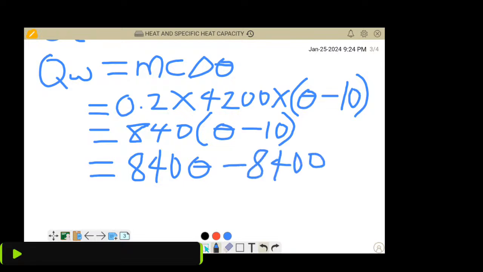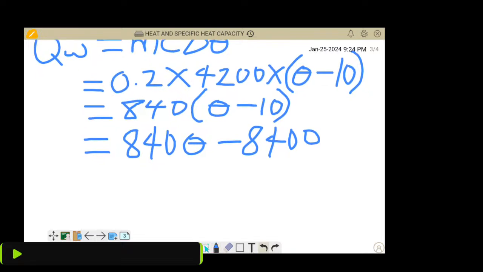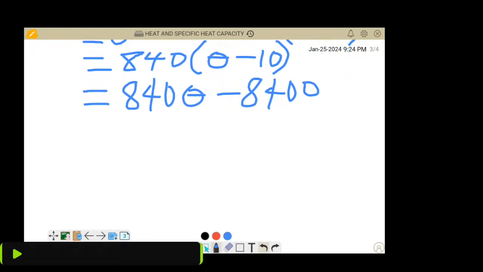Let's check for the heat gain by the calorimeter. Remember, the water is in the calorimeter and the hot copper metal is transferred to the calorimeter. So what will be the heat gain by the calorimeter? We represented that with QL, and that will be MC delta theta as well.